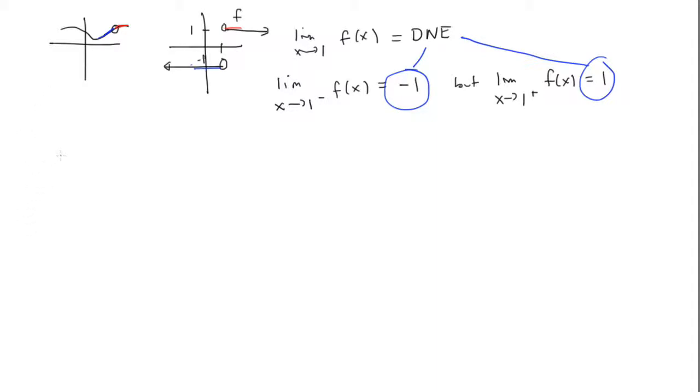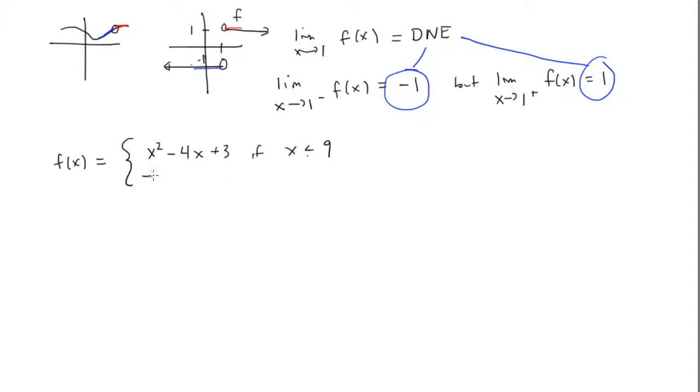So let's say that we have a function f of x, and it'll be a piecewise function: x squared minus 4x plus 3 if x is less than 9.